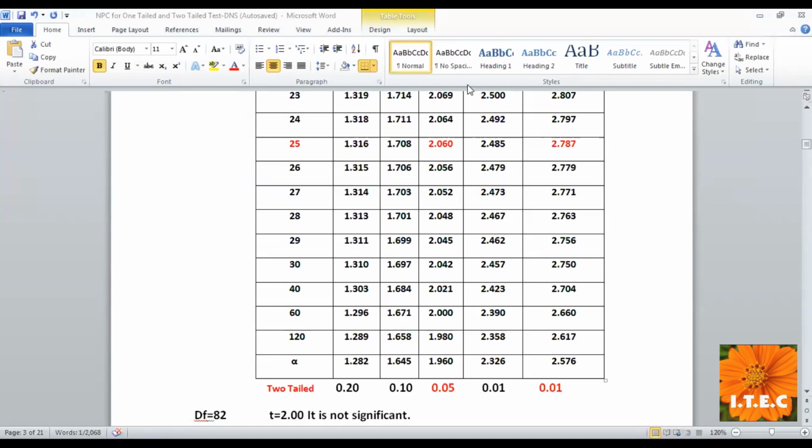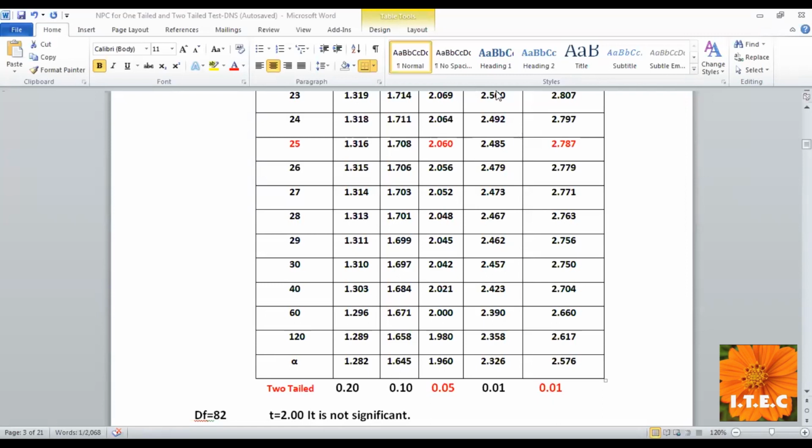You are right. So if you want to use this particular table, you can use. If you do not want to use, you need not use it, because in the SPSS output, automatically it has given you that this value is significant at 0.05 level. Is it clear to you people? And this is when I'm using the two-tailed test, because I have a null hypothesis.